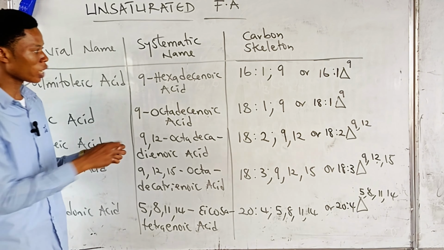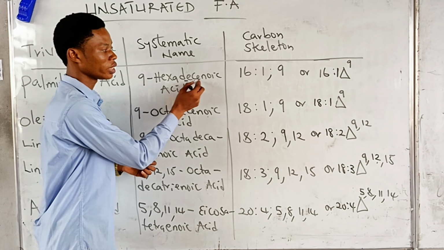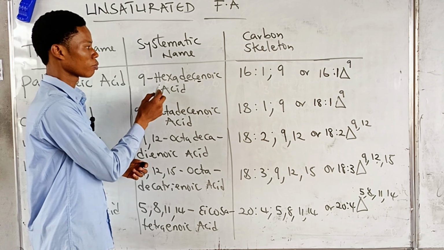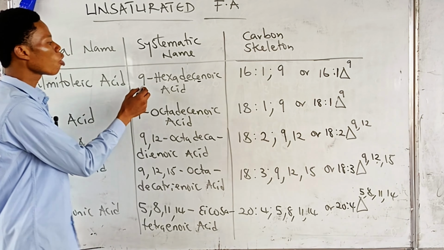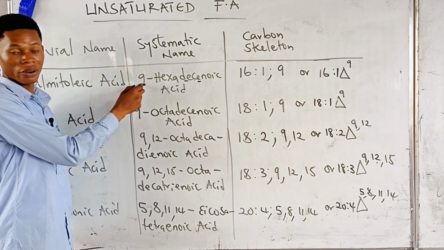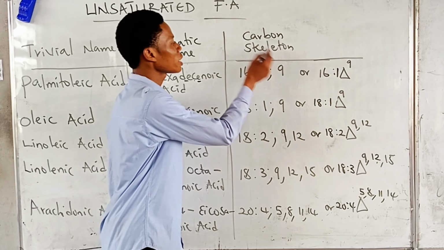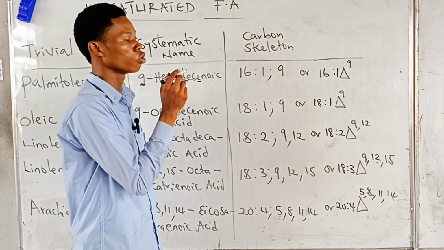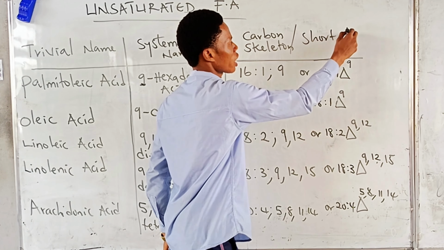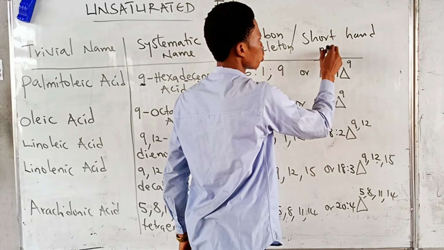Here we have a double bond, that is why it is not deca again but decenoic. So hexadecenoic acid. Now the double bond is on carbon what? Carbon 9, right? That is why in this carbon skeleton, or shorthand notation, this is how it is written.